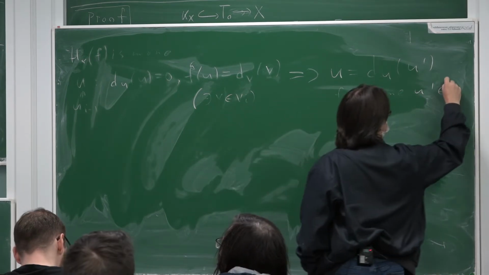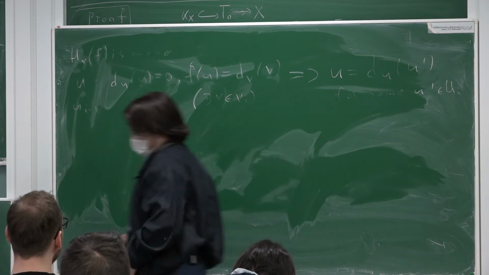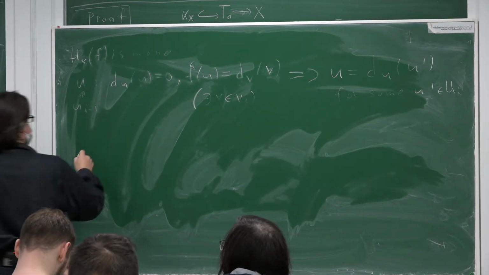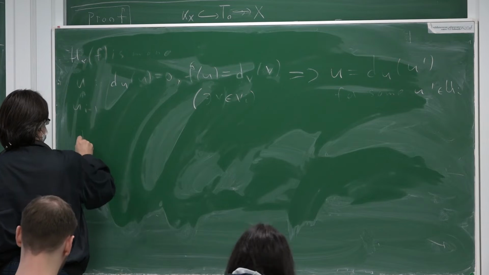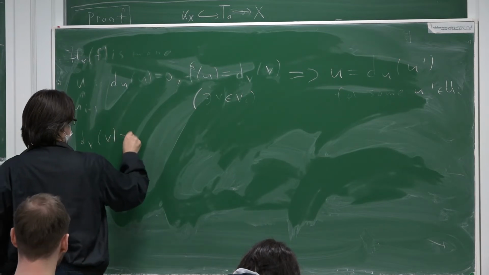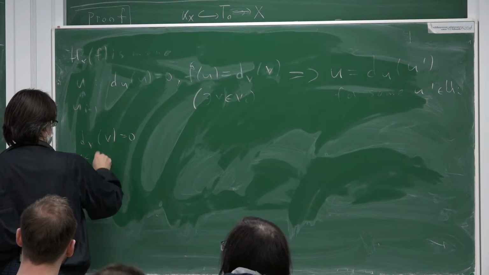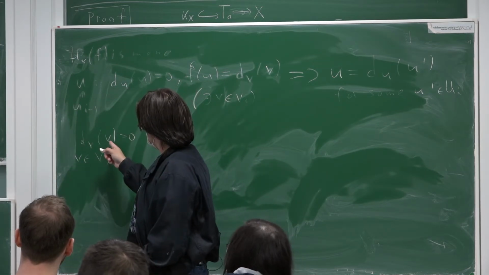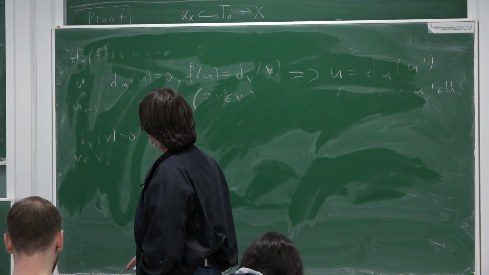And another condition is the surjectivity. That means that if dv of v equals 0, with v from V_i, yes. What does this mean? That v represents some element in homology.